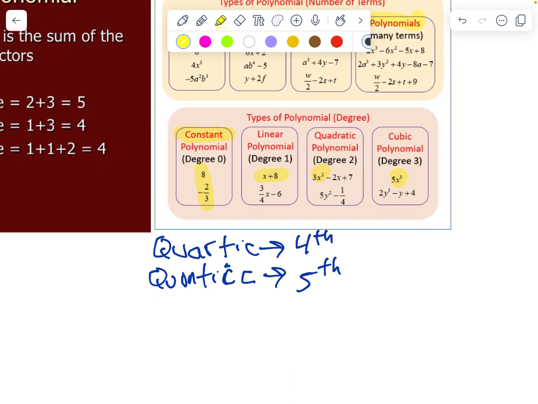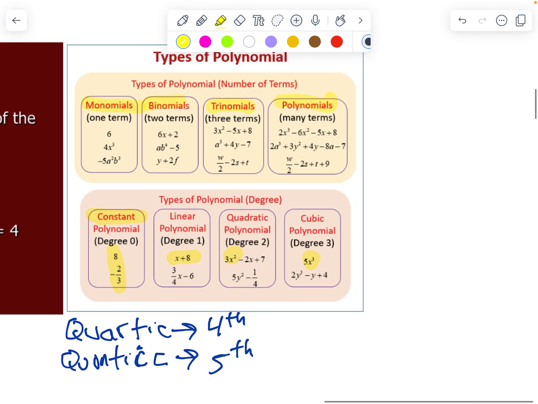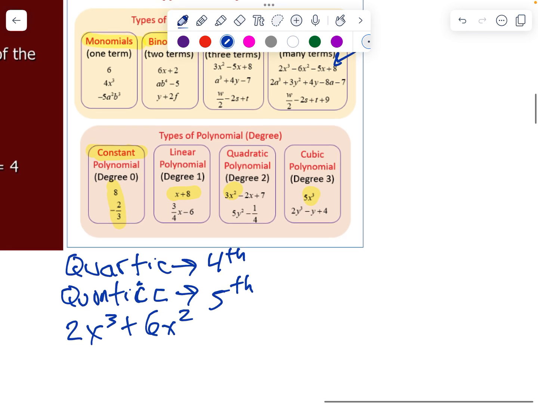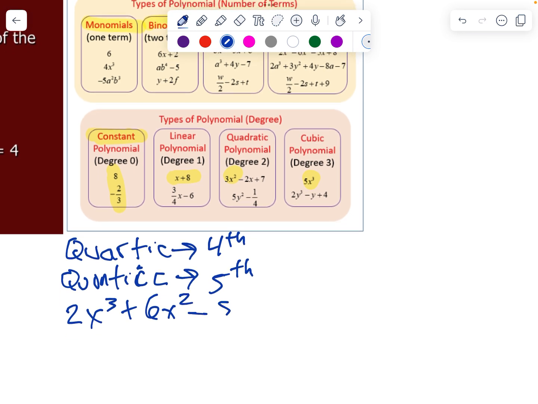So, in the last one here, notice my biggest exponent. Now, we do not add across plus signs or minus signs when it comes to degree. So if I take 2x cubed plus 6x squared minus 5x plus 6.